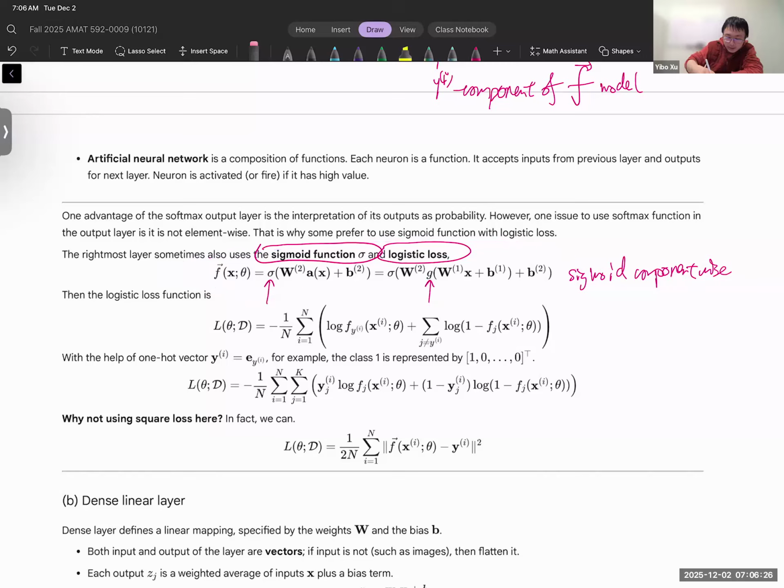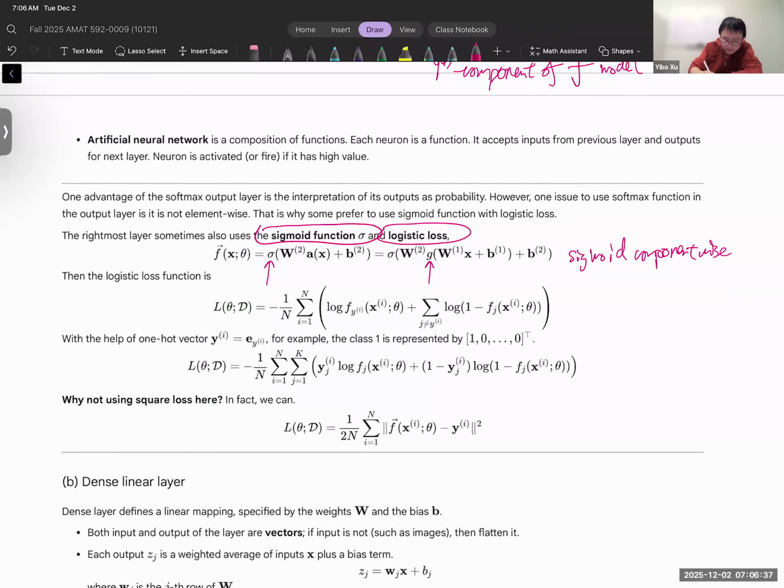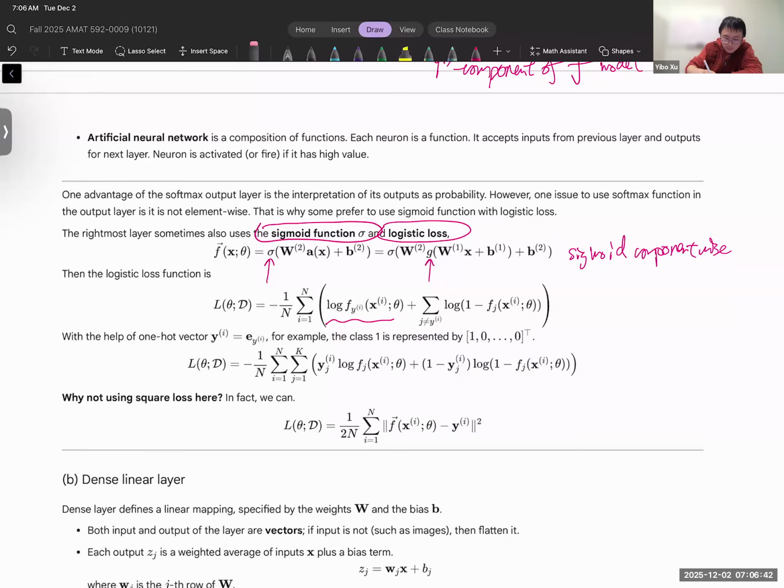So here you do want to penalize the values that are equal to one where the true label is not. This term is pushing the f value, f of yi, to one. It is trying to make sure that for the yi class the prediction value is close to one.